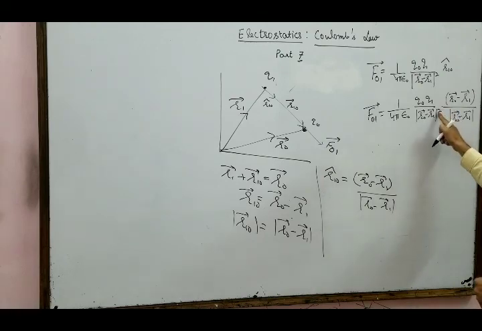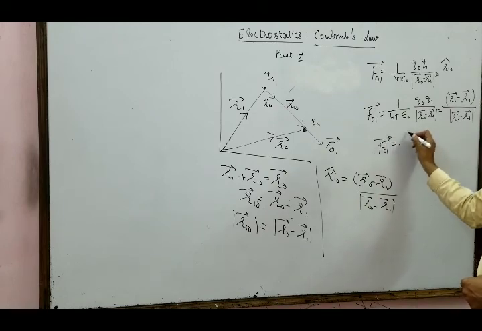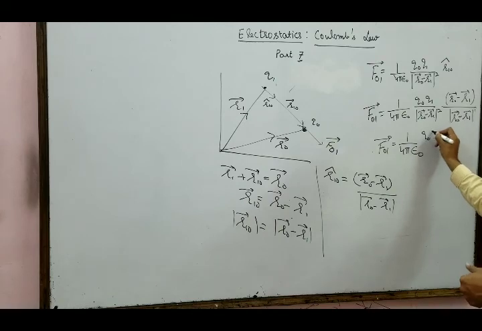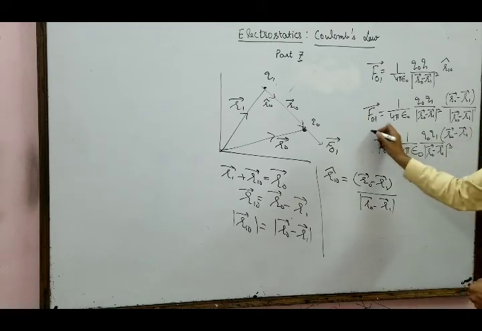Now you have got two powers over here of this modulus and one power over here. I can write it down as F01 as 1 by 4 pi epsilon naught q naught q1 divided by r naught minus r1 whole cube, the modulus whole cube, multiplied by the vector r naught minus r1.